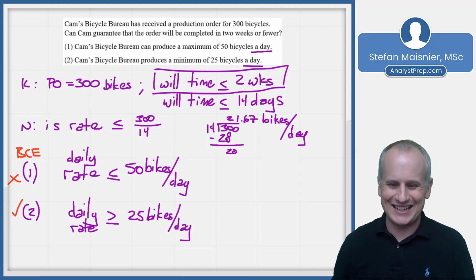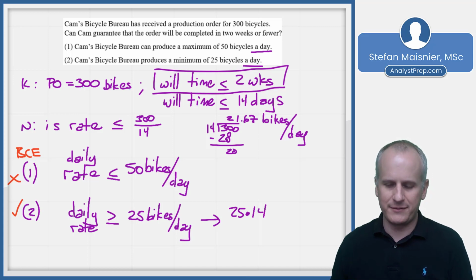And if you need to test it out, of course, you can just do 25 times 14. And if you do 25 times 10, you get 250, 250 plus 25 times 4, that's actually 350 as our minimum if you wanted to double check.